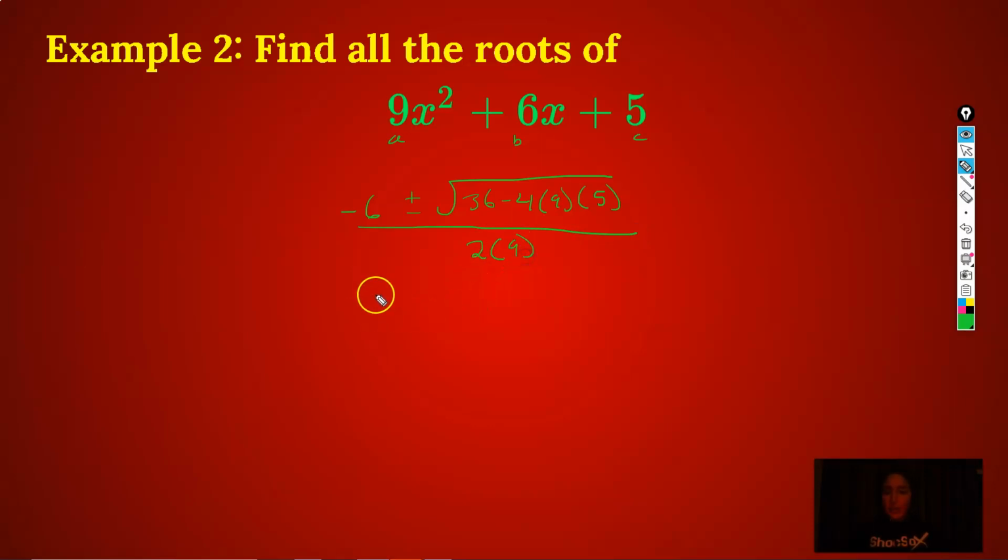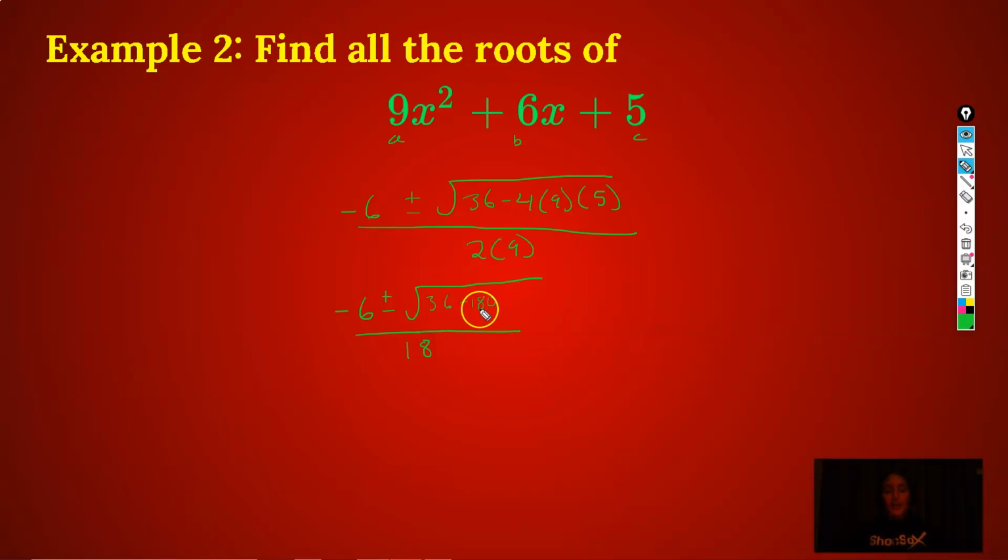All right, let's do some arithmetic. Negative 6 plus or minus the square root of 36 minus 4 times 5, which is 20, times 9. That's going to be 180. So 36 minus 180, all of this over 18.